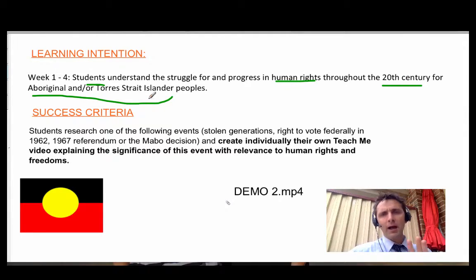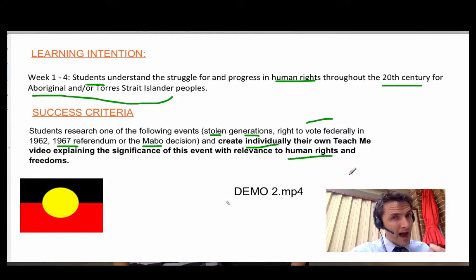Here's the success criteria. This is going to be the key assessment that you're working on. Students research one of the following events, either the stolen generations, the right to vote federally in 1962, the 1967 referendum or the Mabo decision, and you will create individually your own Teach Me video explaining the significance of the event with relevance to human rights and freedom.